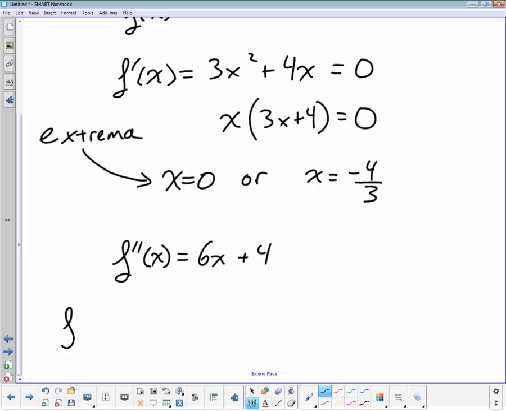So I get f double prime of 0 is equal to 4. And when I plug in the other one, negative 4 thirds, that gives me negative 8, positive 4. Negative 4. I'm sorry. Right.